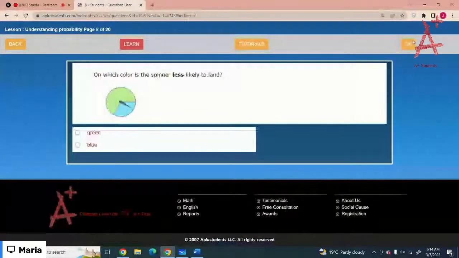Okay, on which color is the spinner less likely to land, green or blue? Yes, certain means obviously it will land. Got it? Blue is less likely.